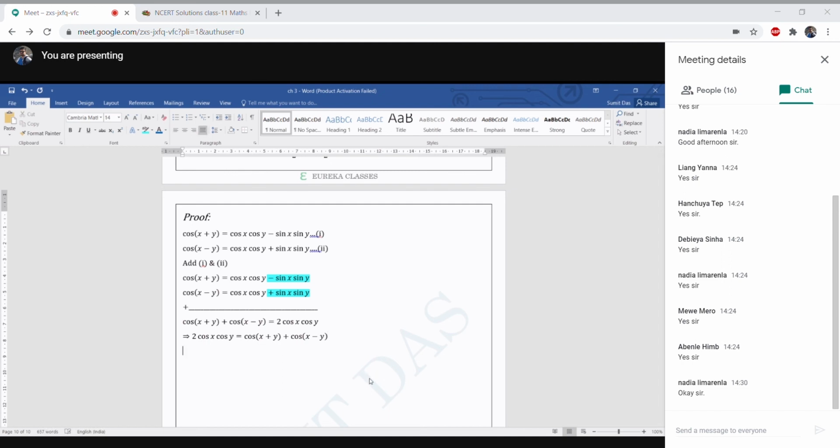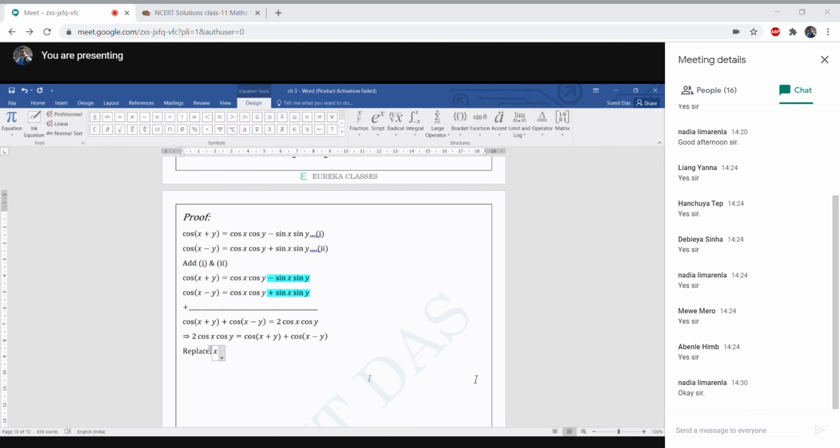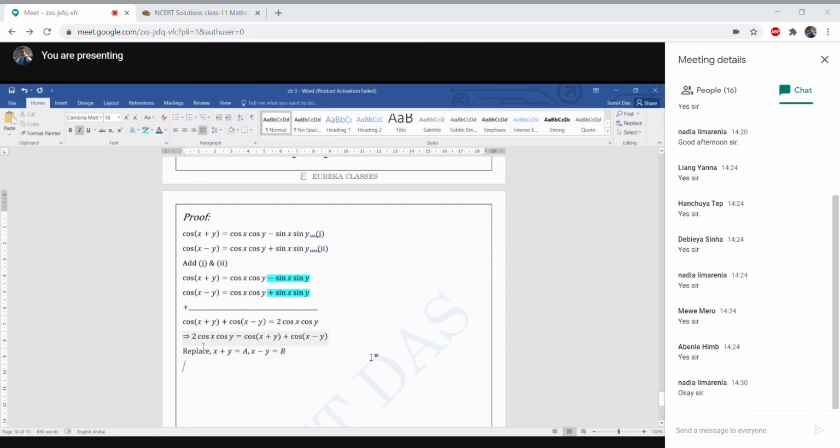So if we replace x plus y with maybe capital A and x minus y with capital B, what will be left?